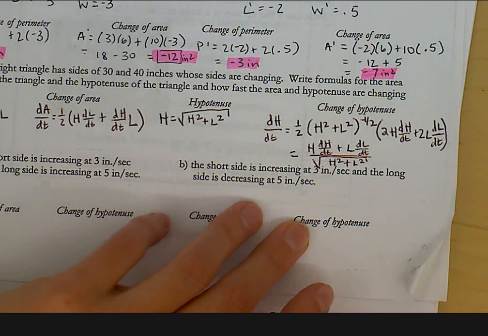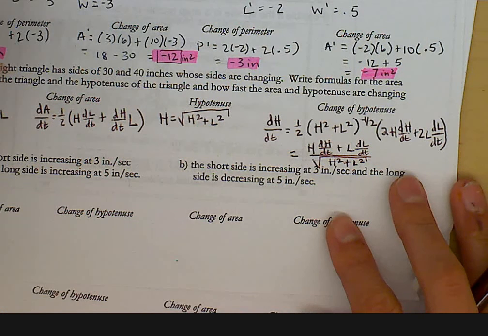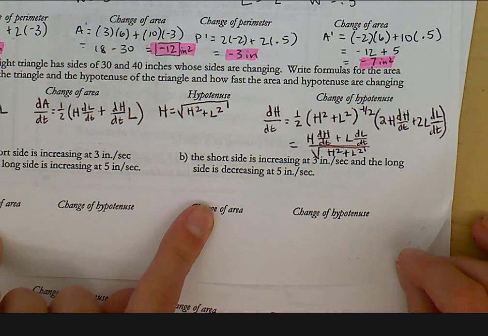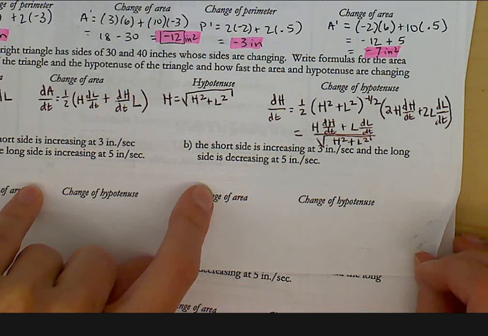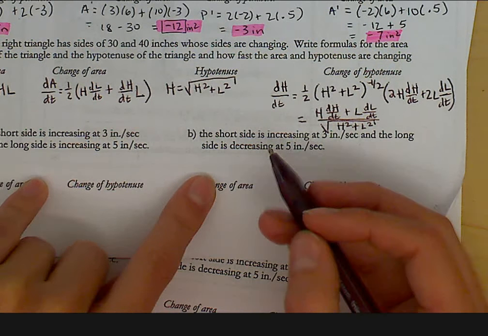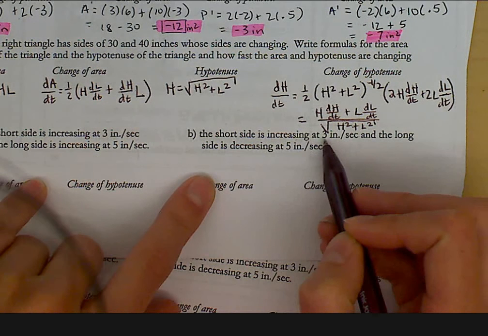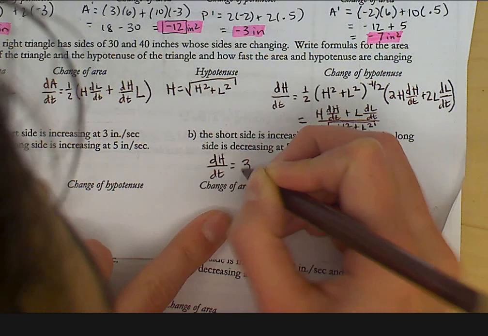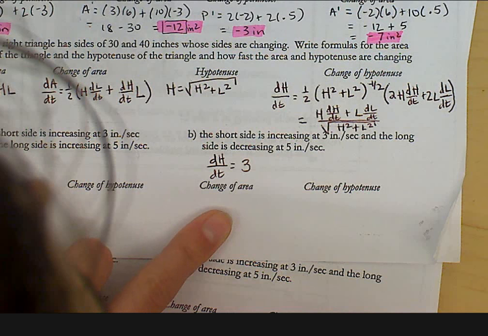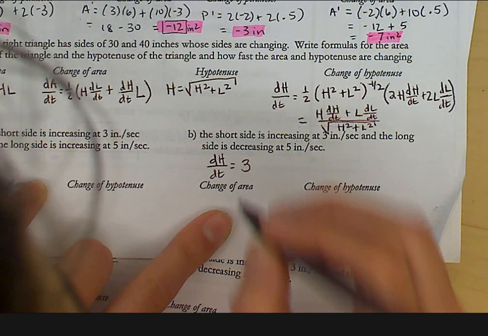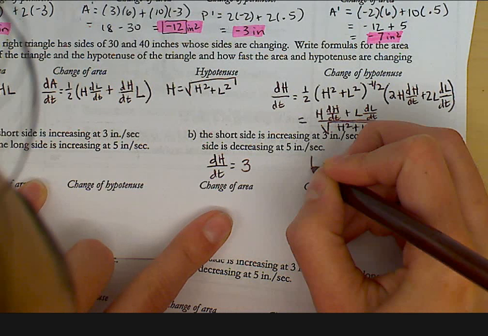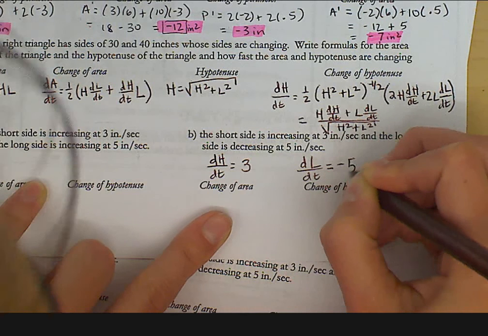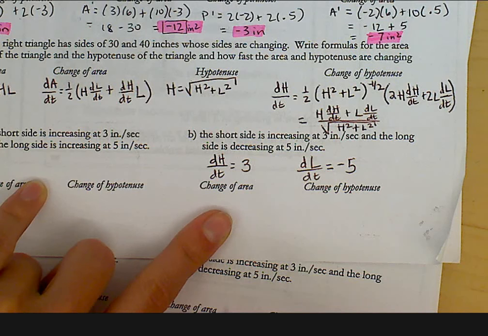So then let's do B, I guess, since I already did part A. So B, I have the short side is increasing at 3 inches per second, so dH dt equals 3, and the long side, dL dt equals -5, because it's decreasing at 5 inches per second.